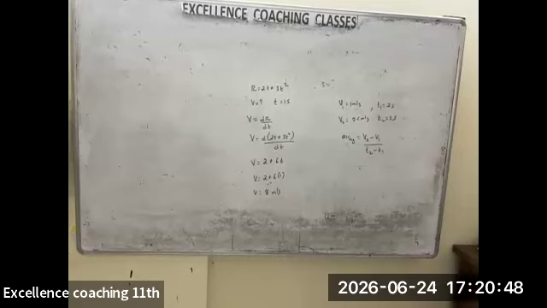Speed is the total distance traveled by the object per unit time, whereas velocity is the rate of change in displacement per unit time. Next question.